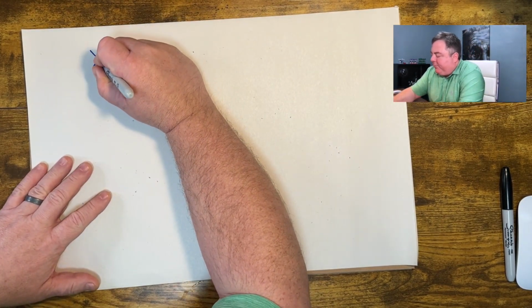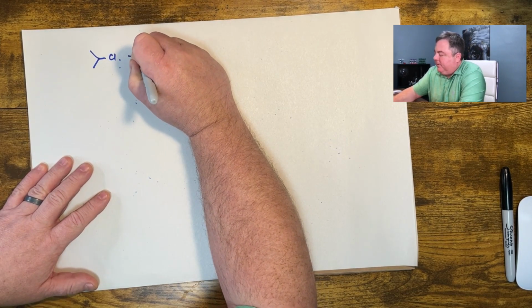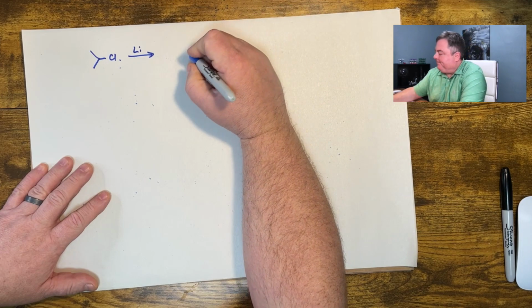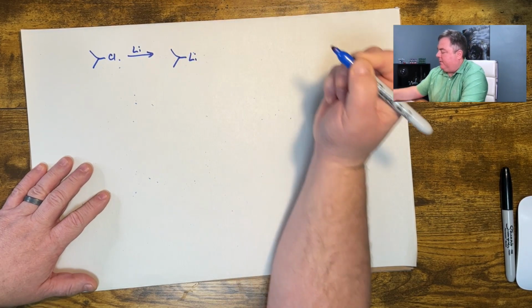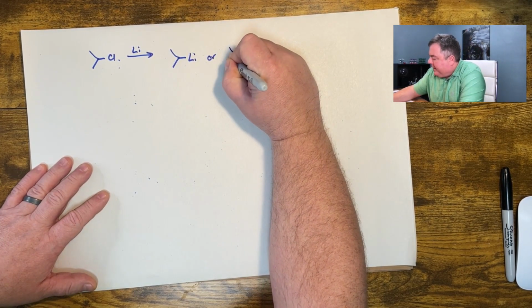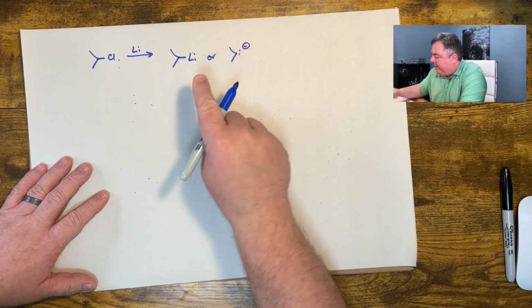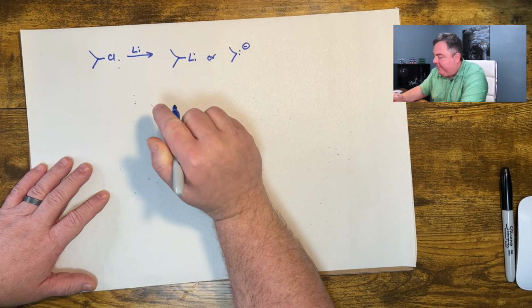Let's start with isopropyl chloride and add lithium. So that makes this compound, isopropyl lithium, or I think about that as a negative carbon. Lithium is a positive metal, so the carbon attached to it is a negative carbon.